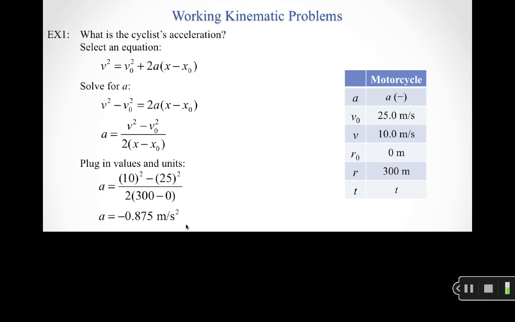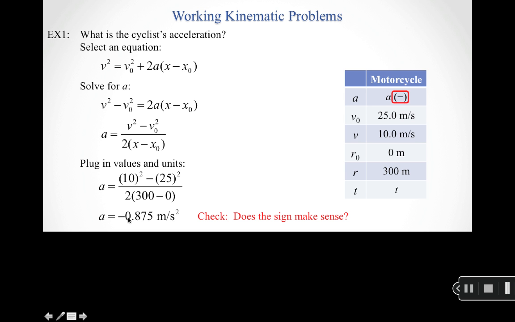Okay? So two things I can check. One is, did I include the units? You'd hate to throw away points by simply not including the units in my answer. And again, we can go through and check and make sure that our expression makes sense by doing the dimensional analysis to know that I'm sure enough coming up with meters per second squared as my unit. The next thing I can check is, does my sign make sense?